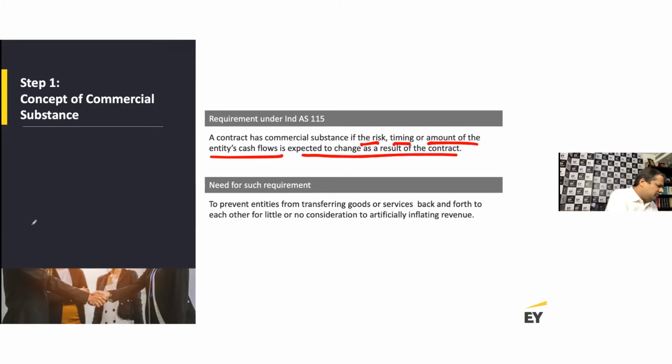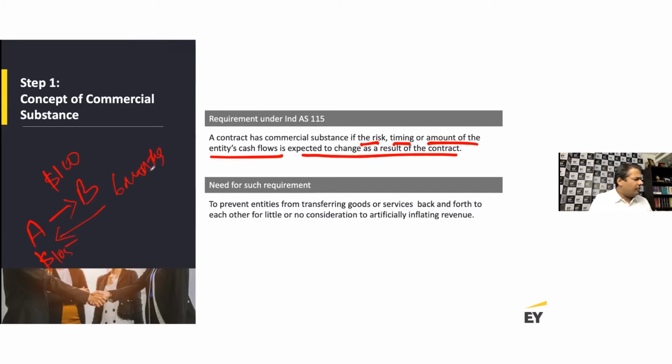So if I don't have this commercial substance, what happens if A sells to B for, say, $100, and B sells it back to A, let's say for $105, after 6 months, under a repurchase agreement?